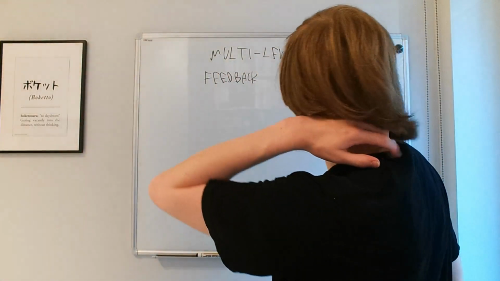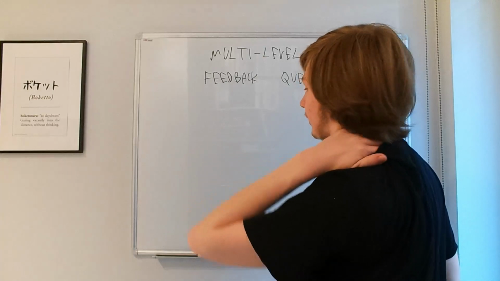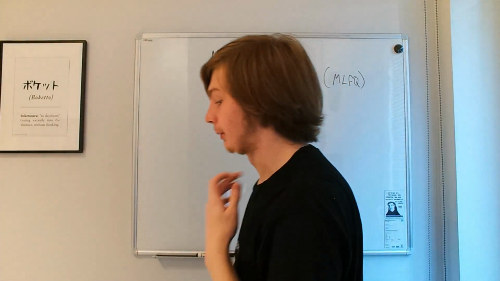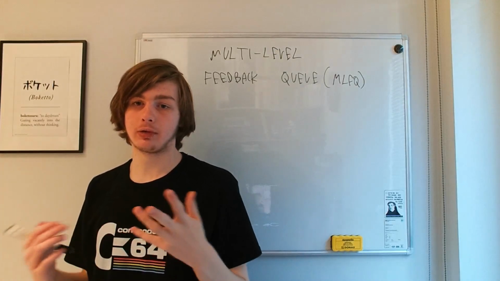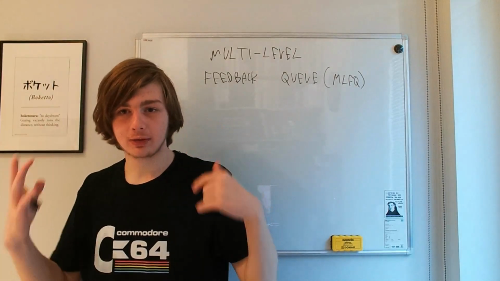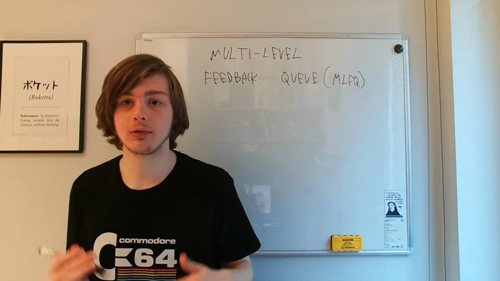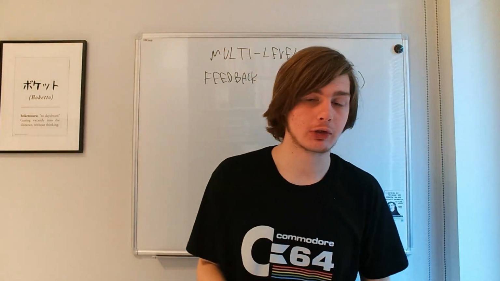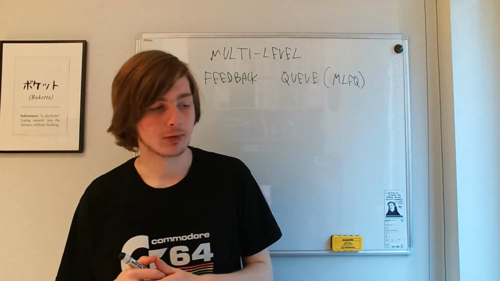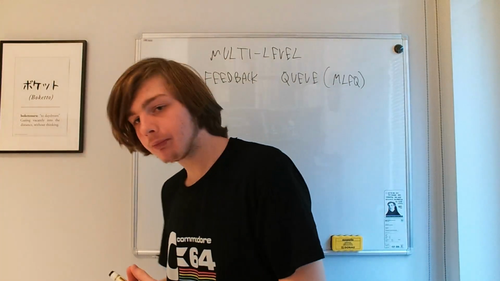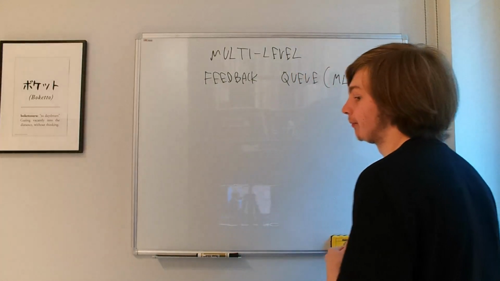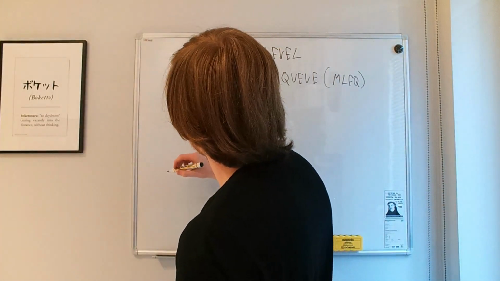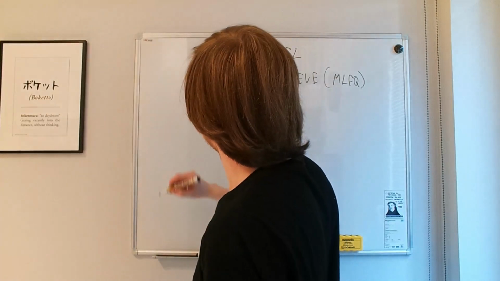The idea of a multi-level feedback queue is that you imagine there being, well, you don't even have to imagine, you just implement it, some sort of queue data structure. You obviously have a sort of LIFO, right? And you imagine the different queues.